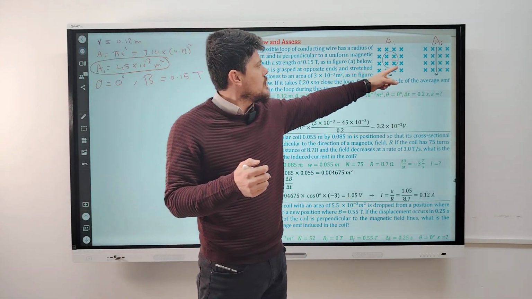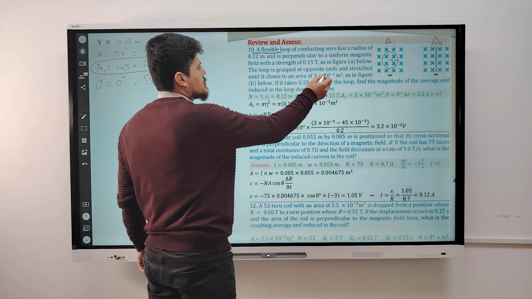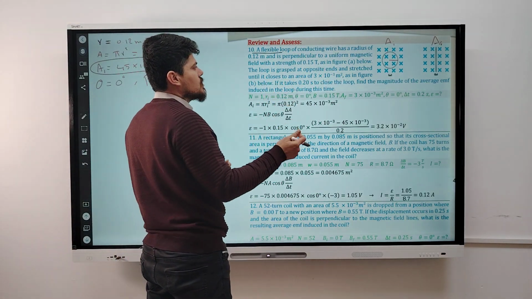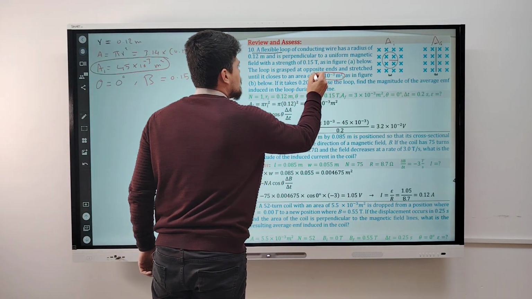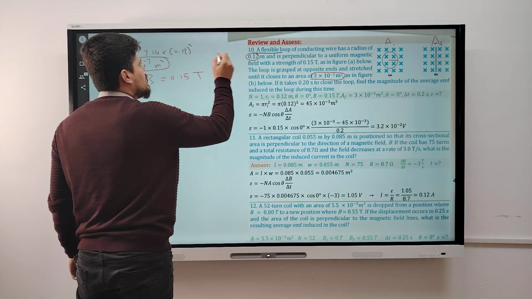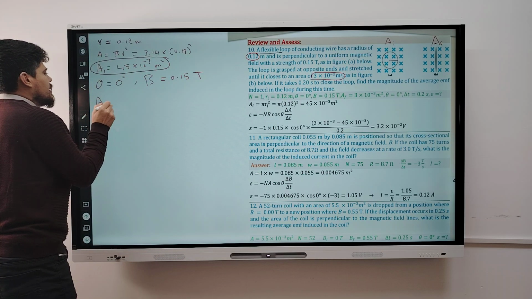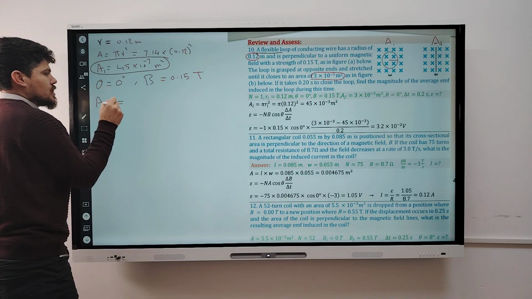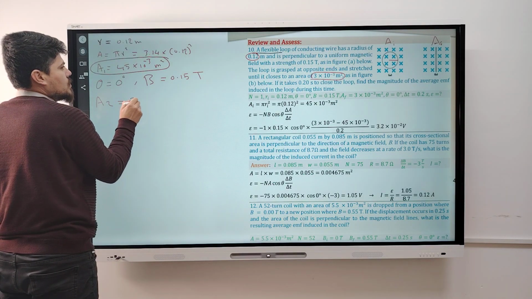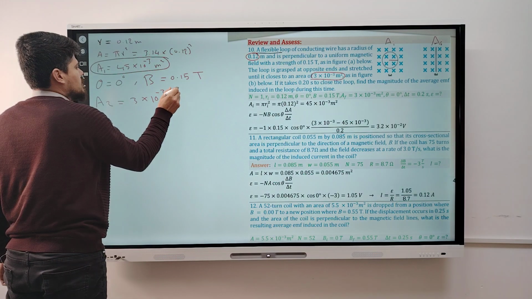Okay, what happened to the loop? Its shape changes. Okay, grasped at the opposite edges and stretched until it closes to an area. What is this? This is the second area. The first area was given in radius, we converted to area, it was 45, but this second area, after changing the loop, is equal to 3 times 10 power negative 3 meters square.